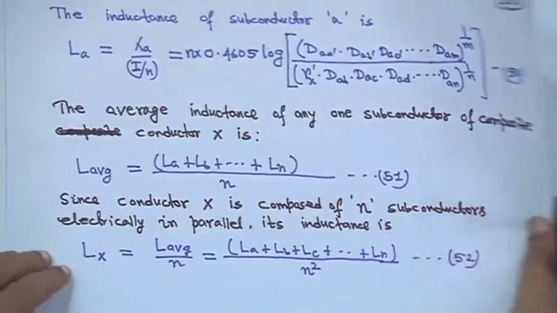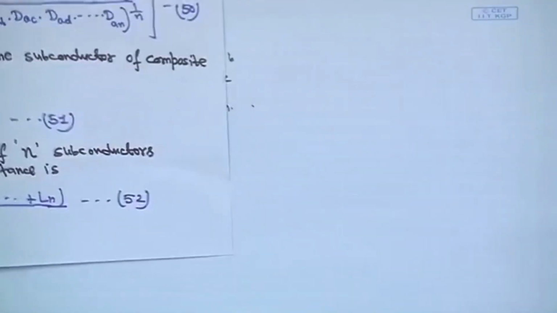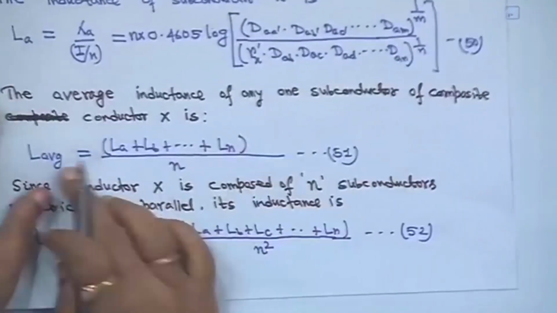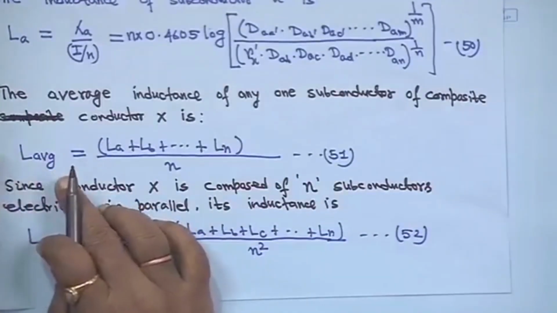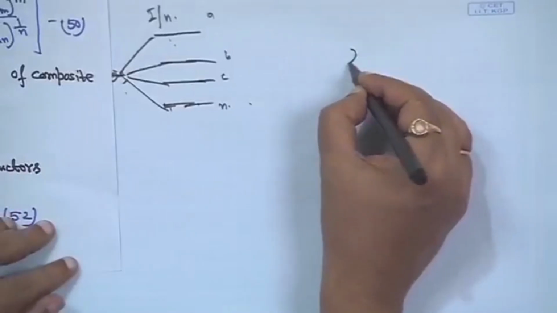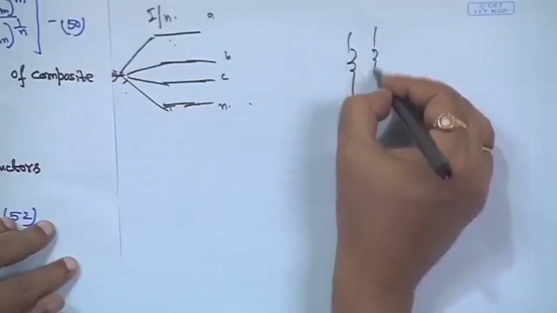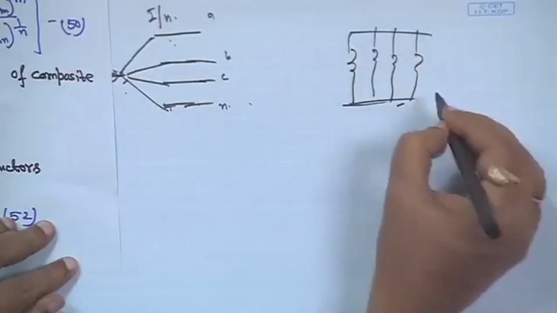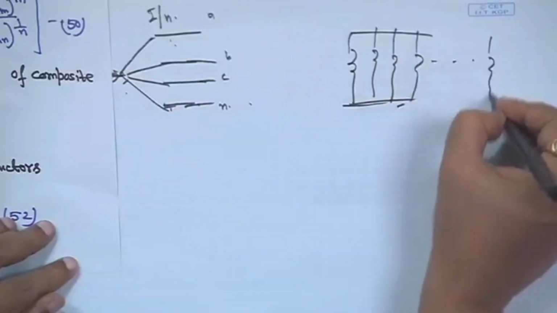The idea is something like this. Suppose you have the average inductance of any subconductor, and you have so many of them in parallel, up to n.